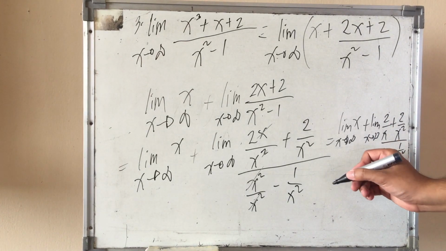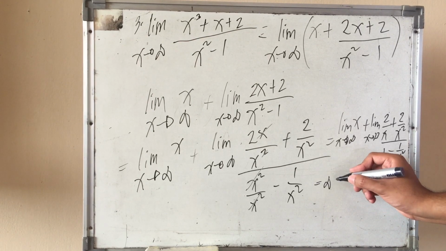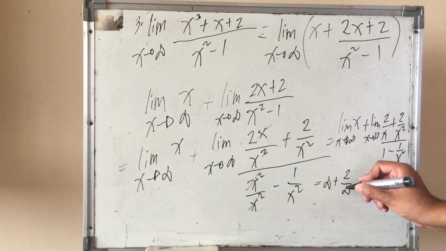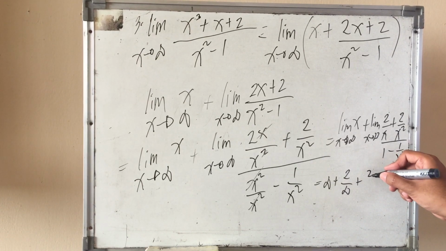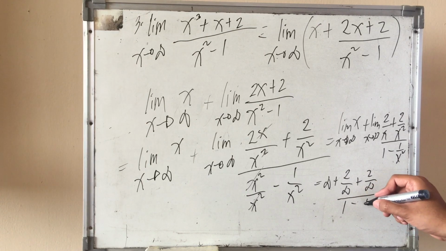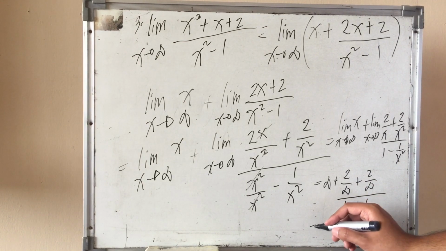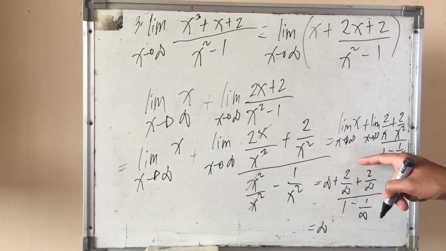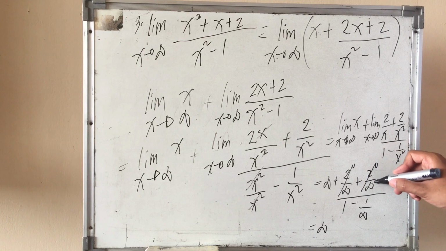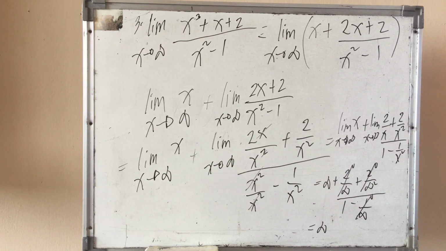Substituting x approaching infinity, this is equal to infinity plus 2 over infinity plus 2 over infinity squared, divided by 1 minus 1 over infinity squared. 2 over infinity is 0, 2 over infinity squared is 0, 1 over infinity squared is 0.